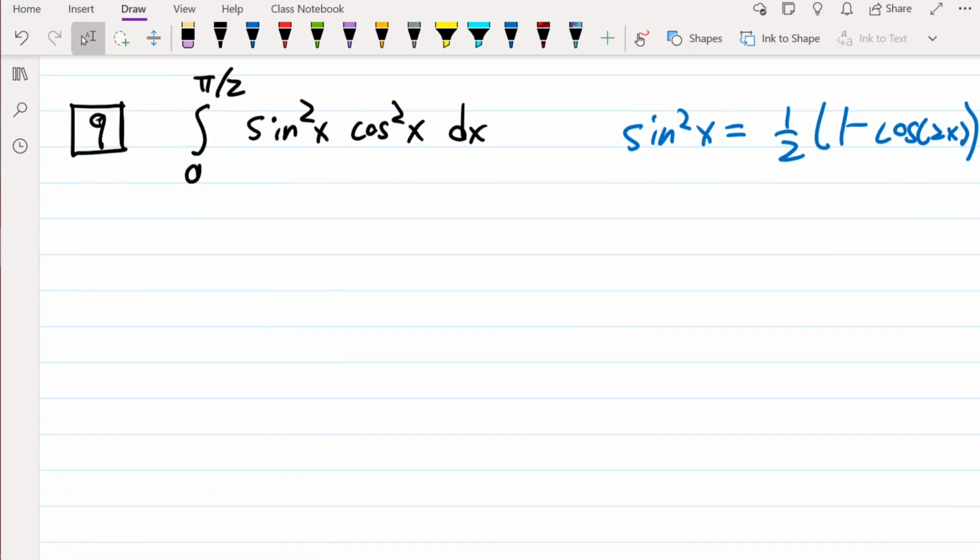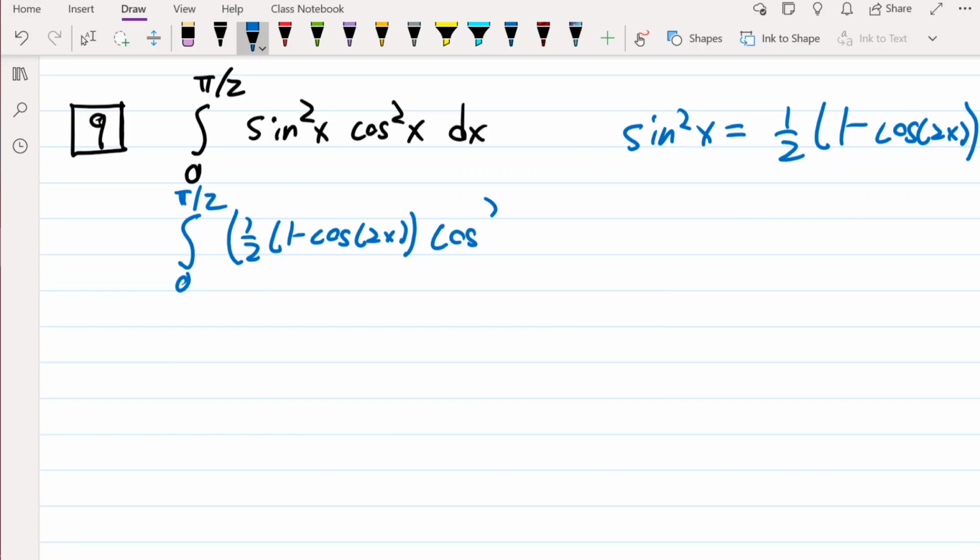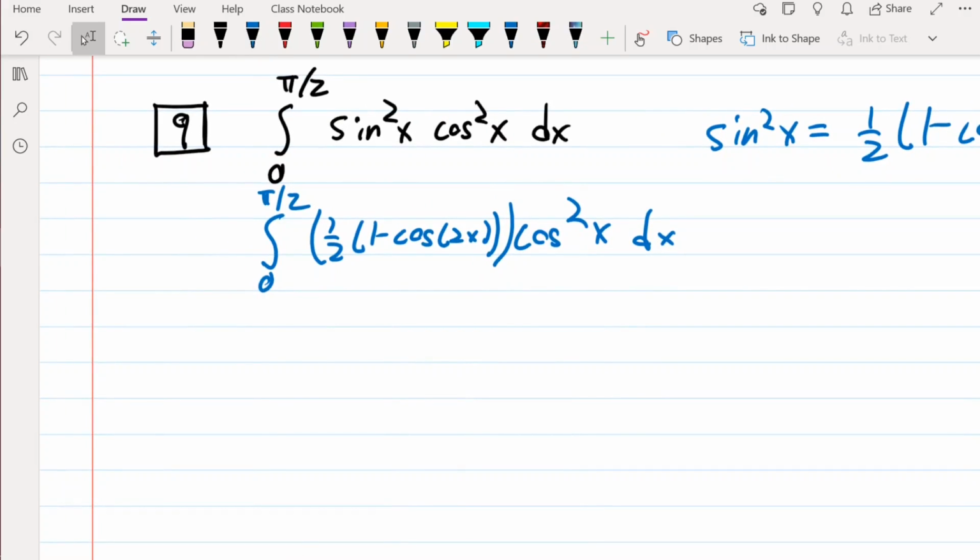So I will substitute that in, from the limit of 0 to pi over 2 of 1/2 times 1 minus cosine of 2x times cosine squared x dx, in which I can then bring that 1/2 out to the front.